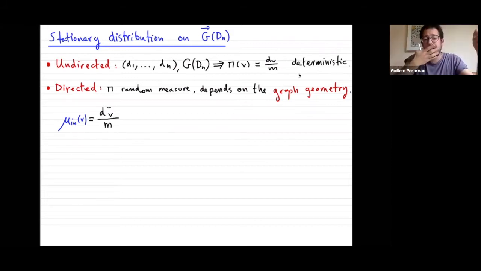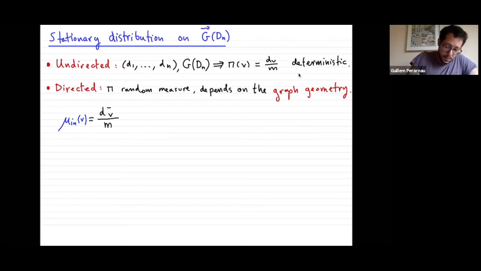Maybe it's tempting to think that the stationary distribution should be related somehow with the number of edges that you have. What do I mean by that? If someone has a lot of vertices pointing at him or at her, this means that this person probably is going to be popular. So this means that pi should also be large.